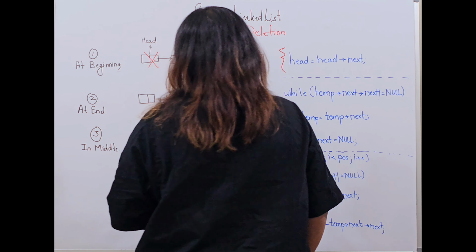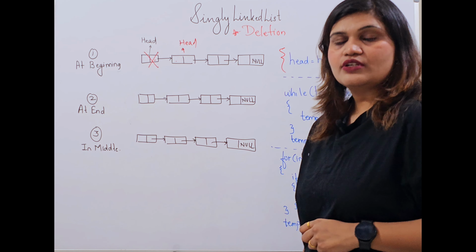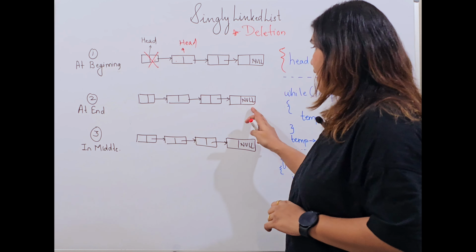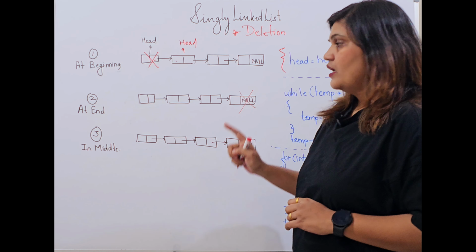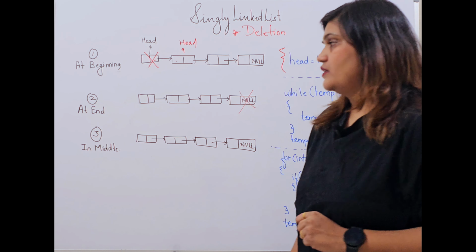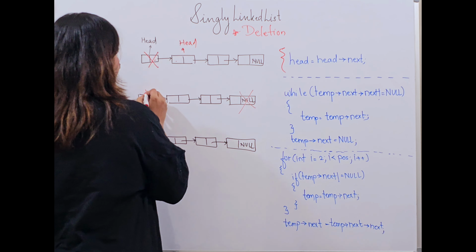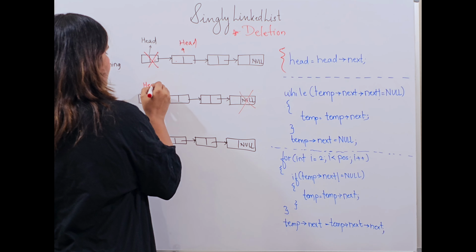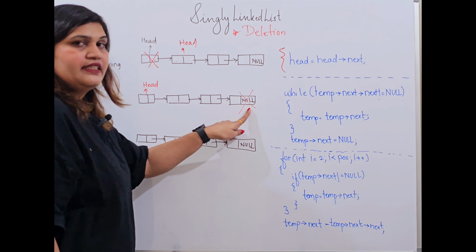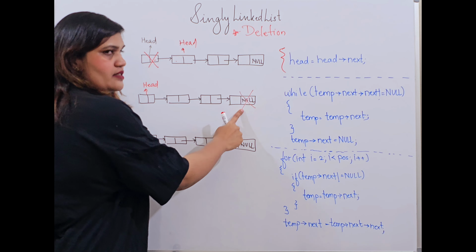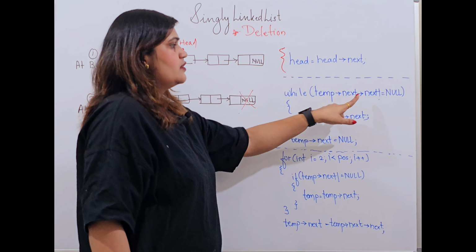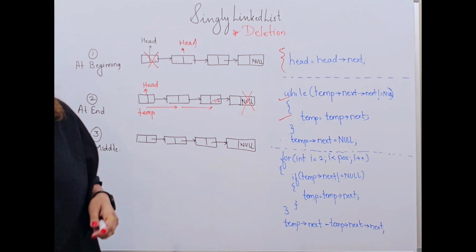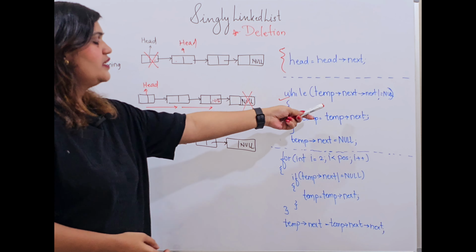Similarly, let's try to understand the second one, at the end. Suppose I want to delete the element at the end position, that is, this element has to be deleted. Let's try to understand how this element is deleted. So this is my linked list, and this particular thing is head. For me to delete this element, I'll have to travel through my linked list, so the traversal logic is what I have to use. Look here: while temp to next is not equal to null, it should travel till where?